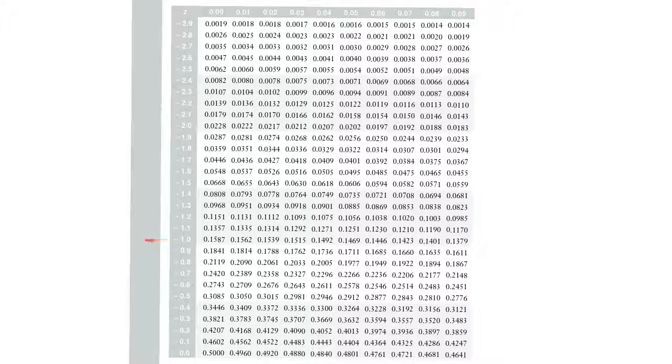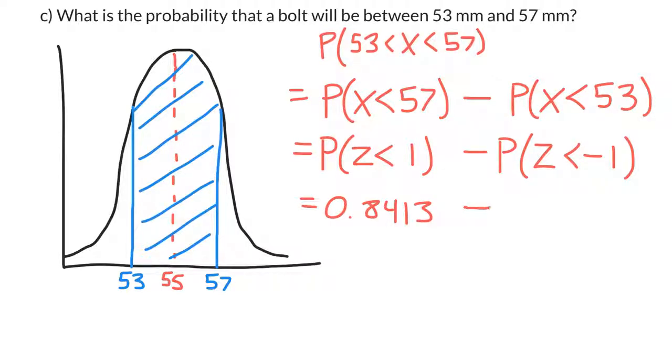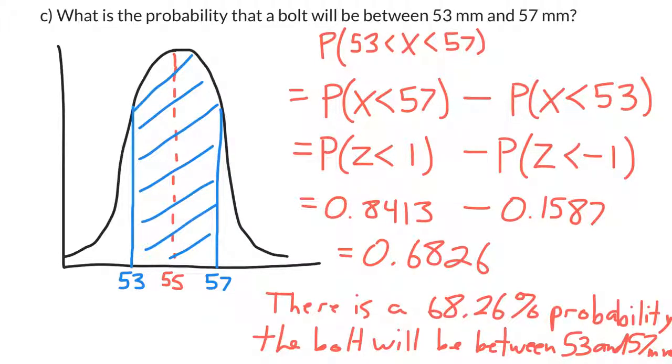So there's -1. There's my area. My probability is 0.1587. So now I can update this. The probability that z is less than -1 is 0.1587. And if I do the math, that's 0.6826. So there's a 68.26% probability that the bolt will be between 53 and 57 millimeters.